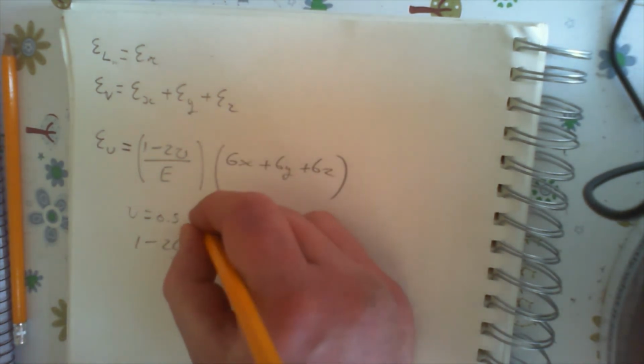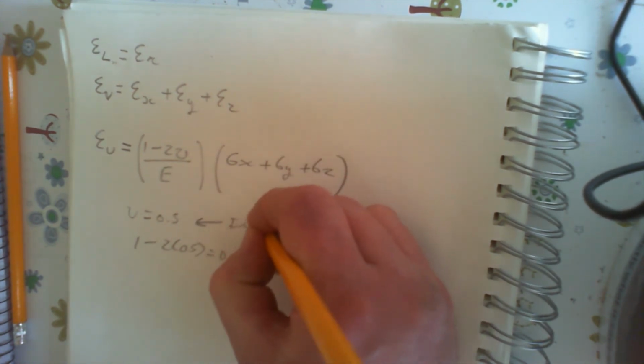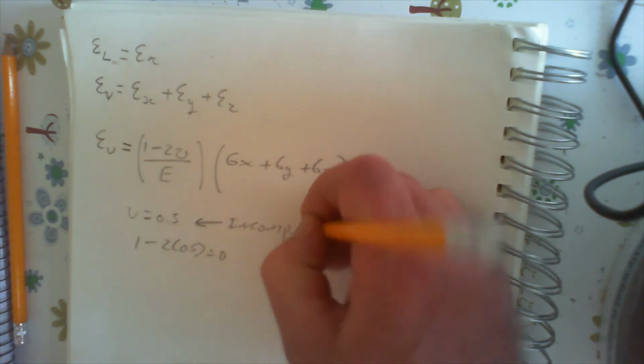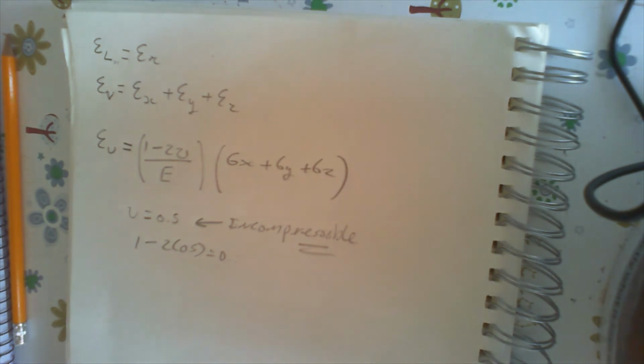So when a material has a Poisson's ratio of 0.5, it's incompressible, and the volume remains constant. And obviously this is very handy looking at oils and stuff for hydraulics. You don't want any compressibility. When you put a certain flow on one end, you want the exact same flow at the other end, or the same amount of flow. And it might be going at different speeds, what have you, or be under different pressure.